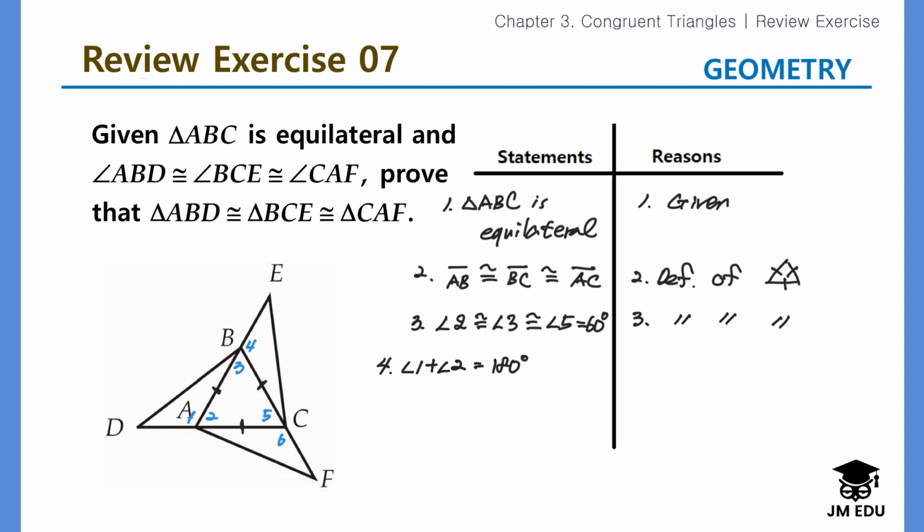Let me just write all 3. Number 3 plus number 4, that's 180. And number 5 plus number 6, that's 180, right? The reason is definition of straight angles.